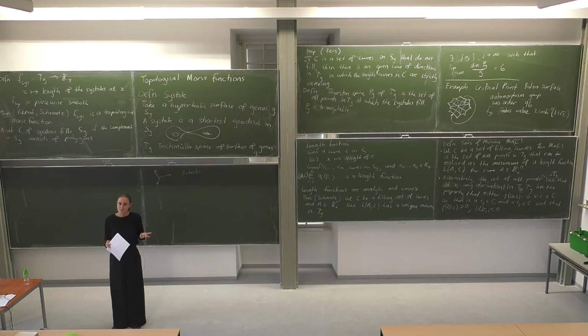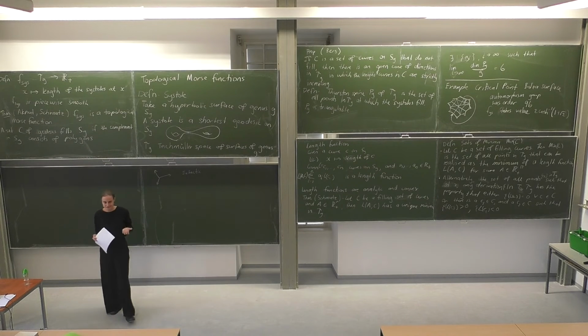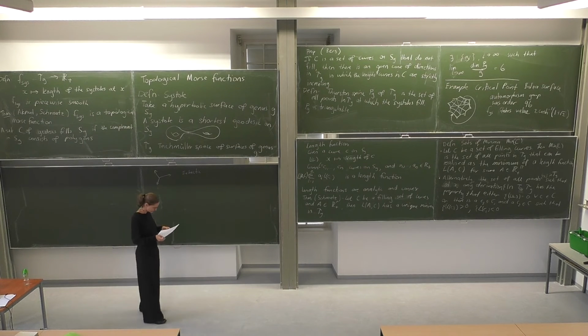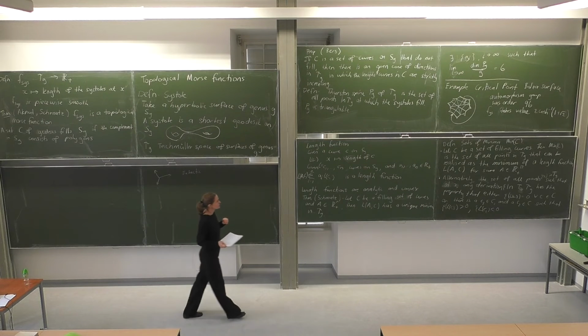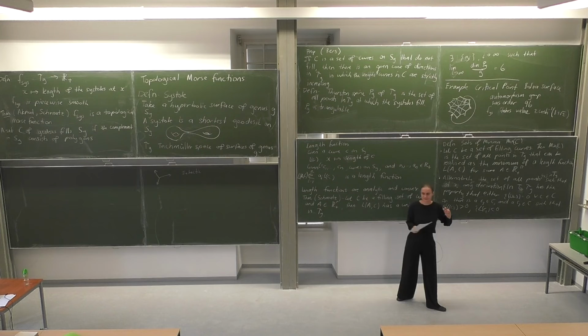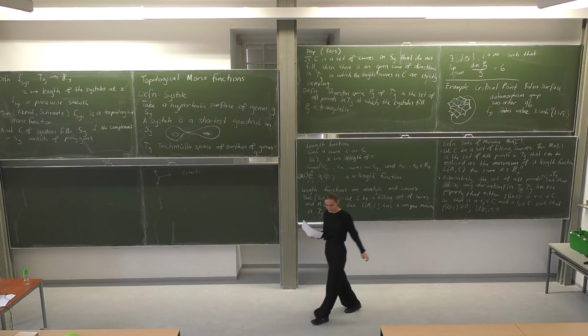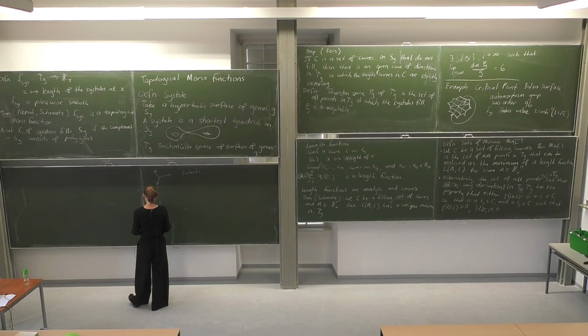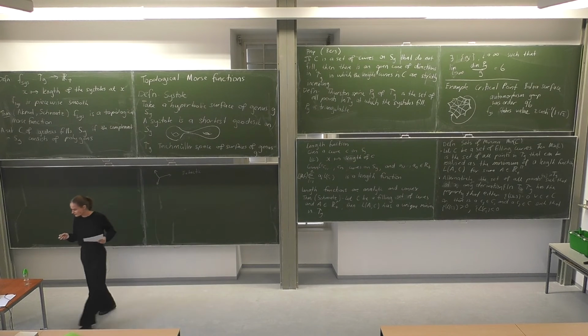And because the length functions are convex, that's a necessary and sufficient condition to have a minimum at that point. So these sets of minima are very convenient for understanding the critical points of the systole function. Let me give you a very important example.